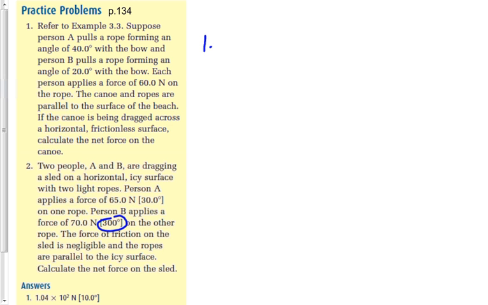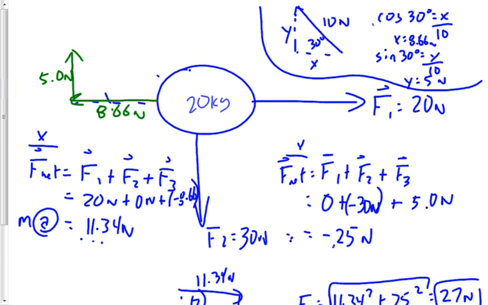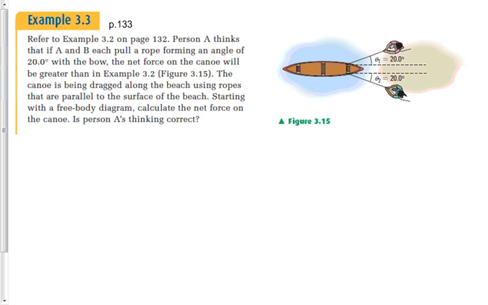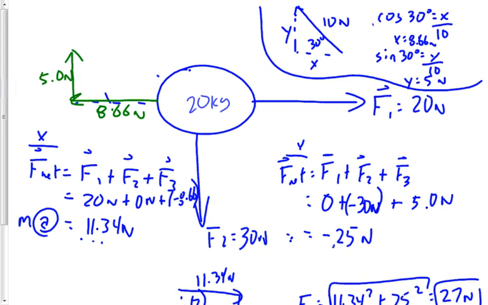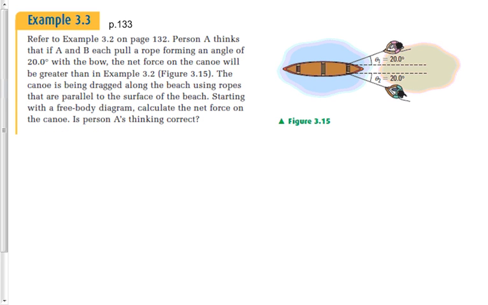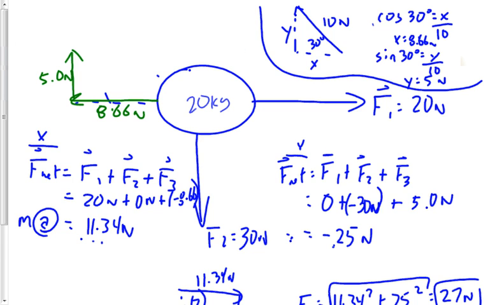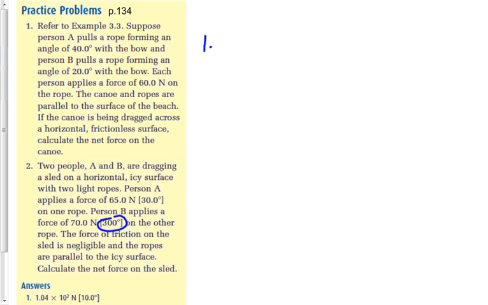It says refer to example 3.3, which was this one. Suppose person A pulls a rope forming an angle of 40 degrees, B pulls with 20 degrees. So it's going to look like this. Here's the boat.